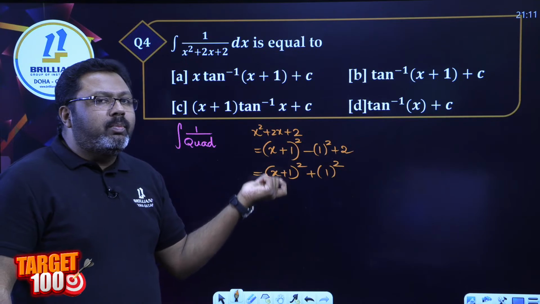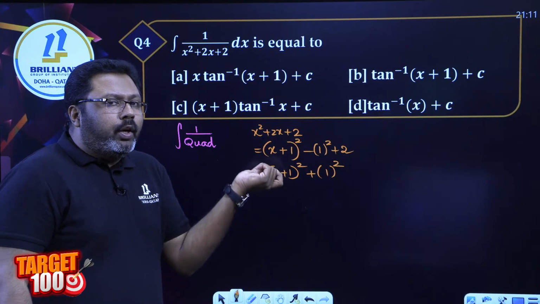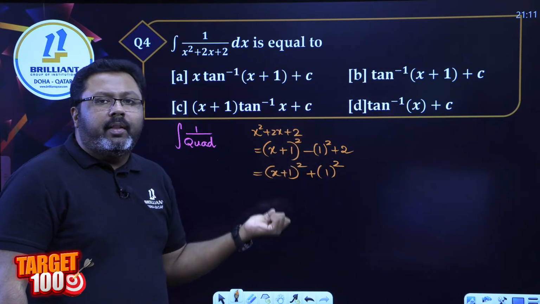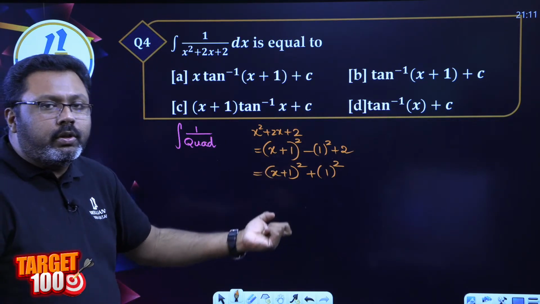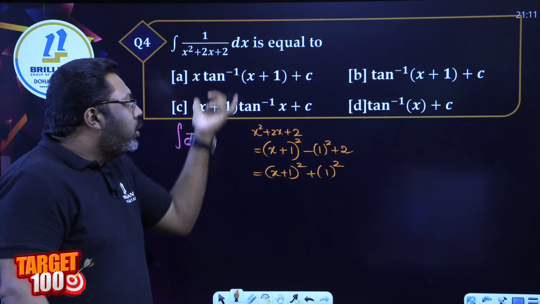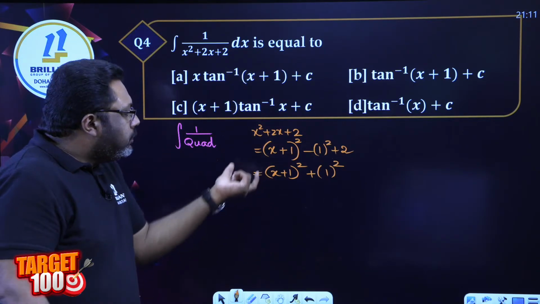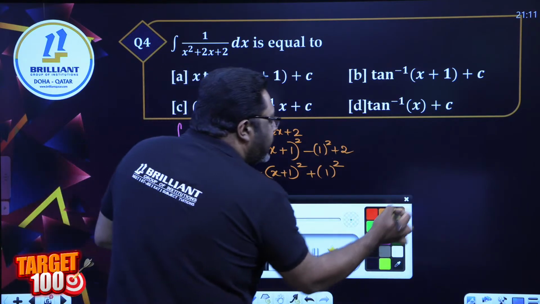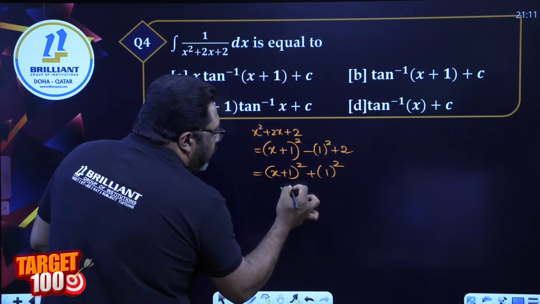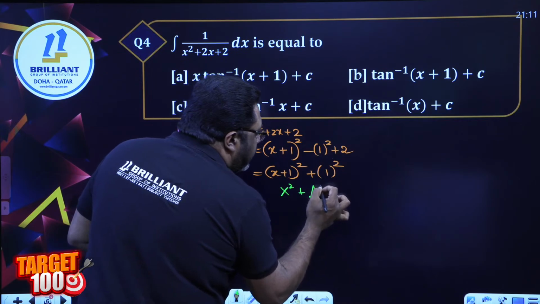There are many students who might know how to do it, but if you are not familiar with how to write the completing the square form, please refer to your regular books. You will get it. There's no time for explaining all these things now. I have now expressed it as x plus 1 squared plus 1 squared, which is x squared plus a squared.